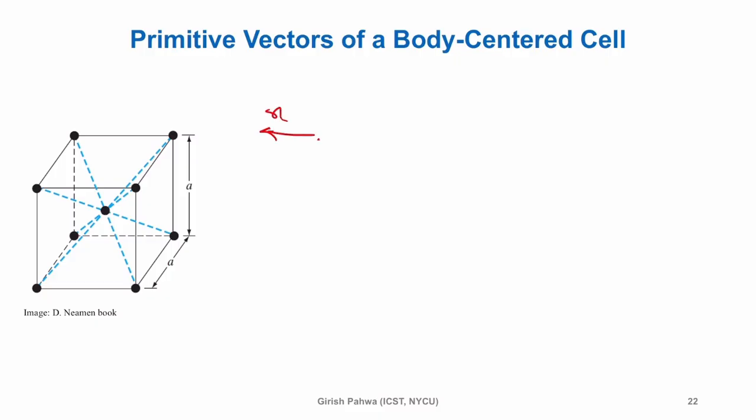So this is x, say this is y, and this is z. What will be the position vector of this? What is this vector? It's an easy one. So this is a y cap. What is this? A x cap. What about this vector?